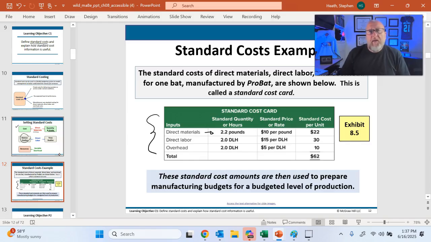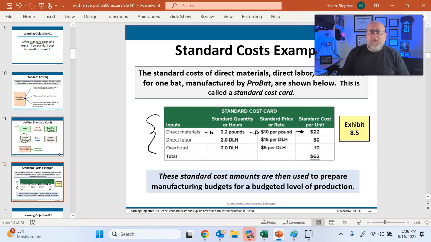Whatever it is that we're making, we're saying that we're going to need 2.2 pounds of material. And each pound of material is going to cost $10 per pound, at least we assume. And therefore, the standard cost of material for this particular product is $22.